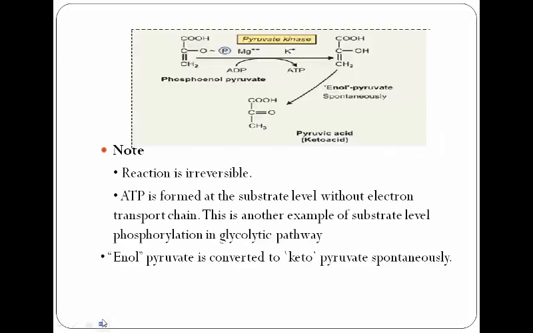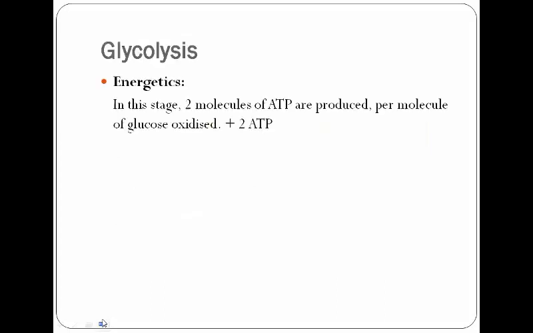As two molecules are there, 2 ATP are formed. This is also a magnesium dependent enzyme, the reaction is irreversible, and the energy production is again at substrate level, where the electron transport chain is not involved. The enolpyruvate formed is spontaneously convertible to ketopyruvate.